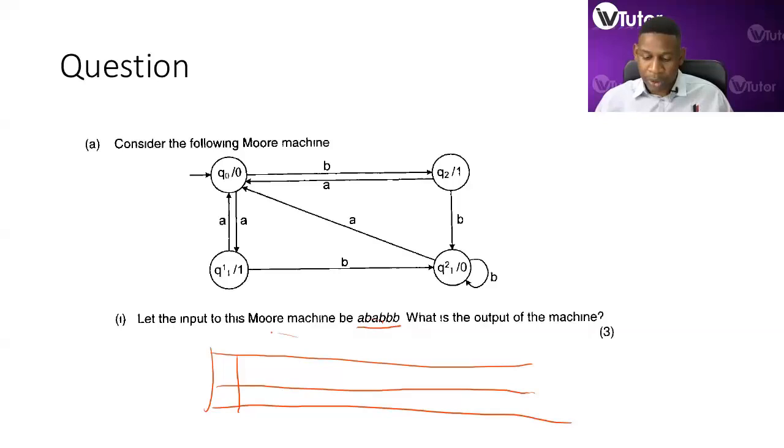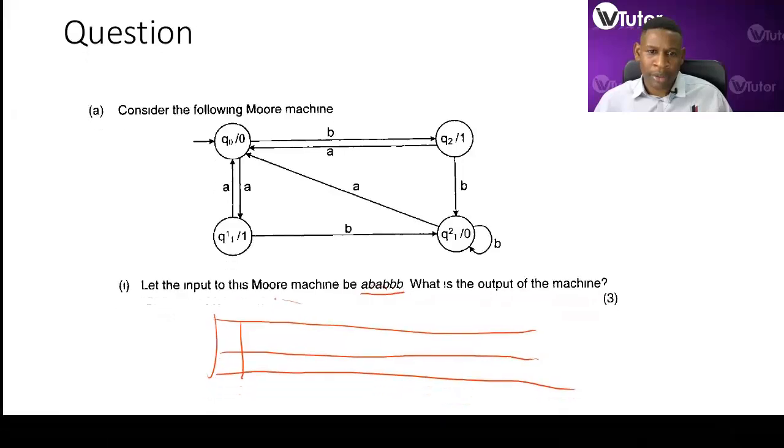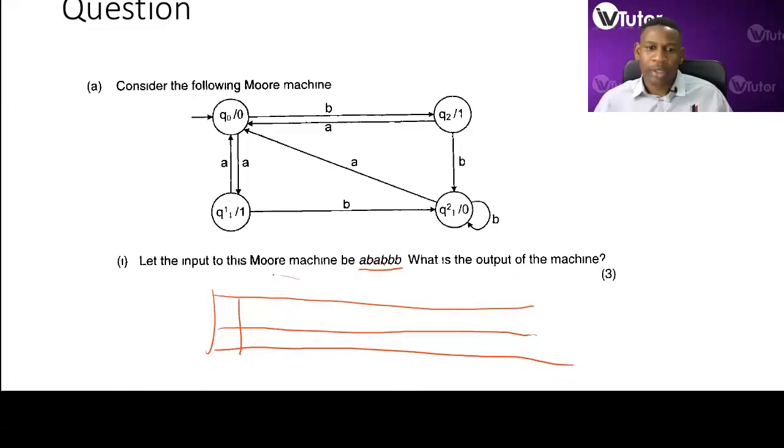Number one, we've got the input, then next we've got the state, and then we've got the output.